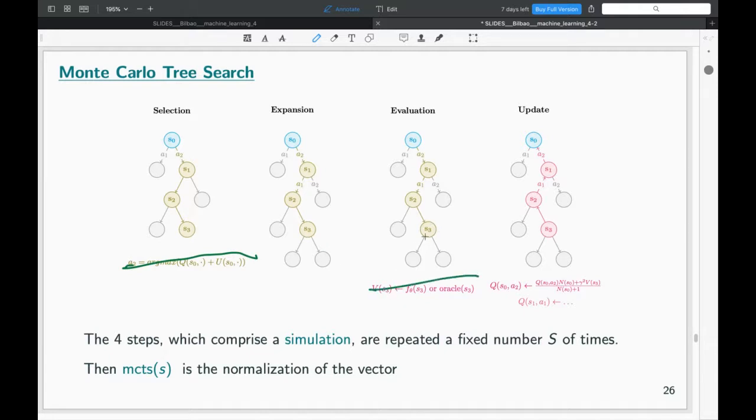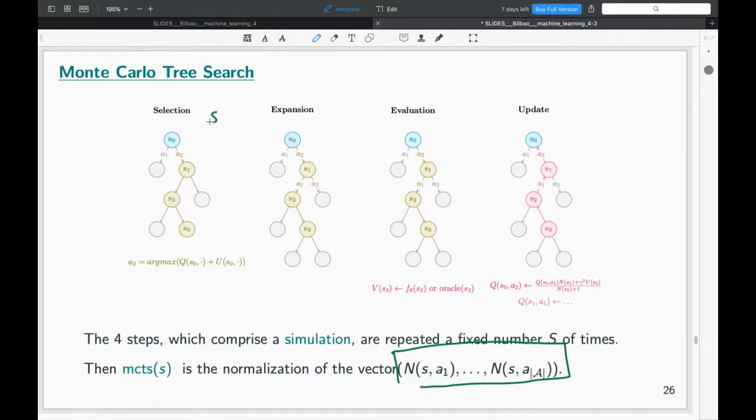Then you assign a value to this leaf node, and then you update the state action values so that the state action values are the average of the node values below the edge. These 4 steps comprise a simulation, and you repeat them a fixed number of times per move. And once you've done this, the probability distribution over actions is the normalization of this vector.